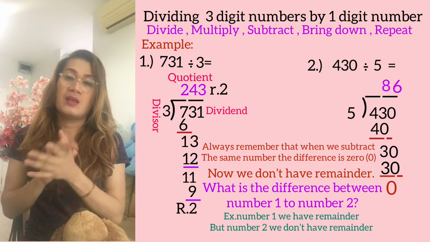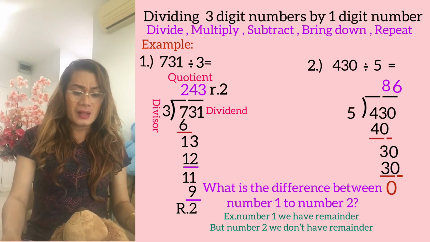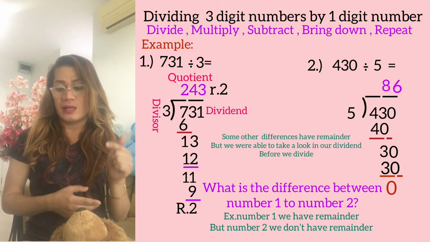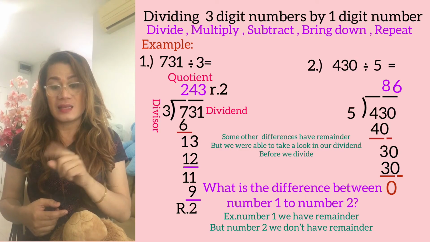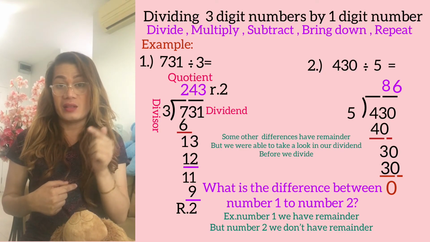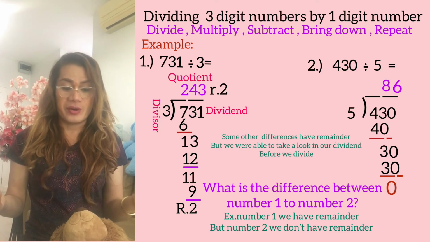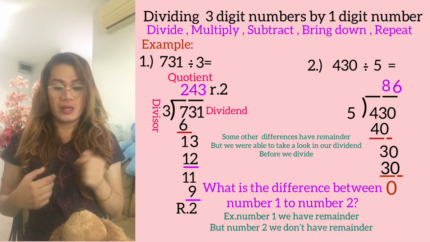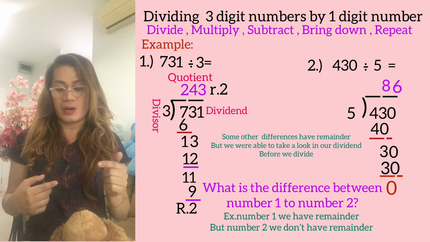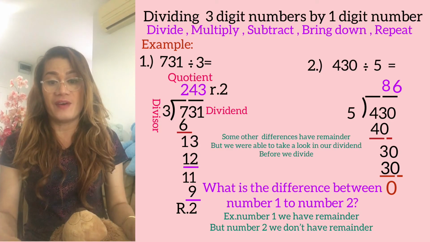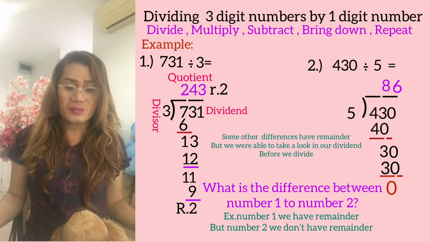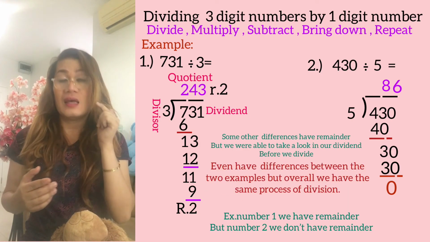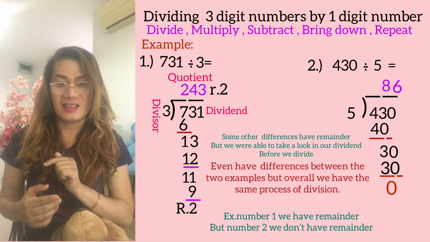Another difference is that in number 2 we were able to take the first digit of the dividend and divide, but in number 1 we could not. We have two differences there, but overall we use the same process.